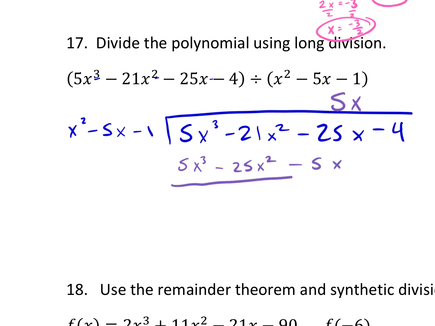What do I do next? Change the signs. Change the sign, change the sign, change the sign, and combine. So 5x cubes cancel. Negative 21x squared plus 25x squared would be 4x squared. Negative 25x plus 5x would be negative 20x.